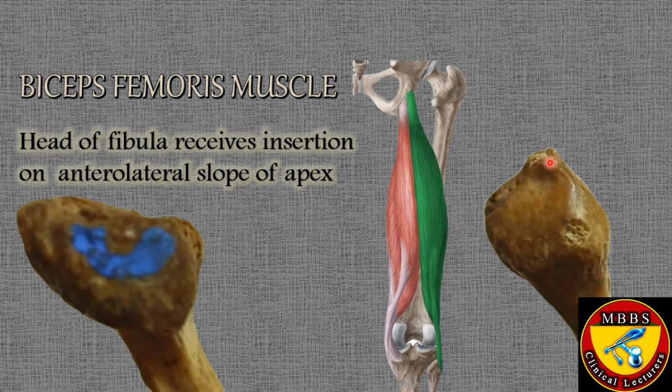This was the apex or the styloid process. The styloid process lies posterolaterally, and this slope, on the anterolateral side, is where the biceps femoris muscle takes insertion.